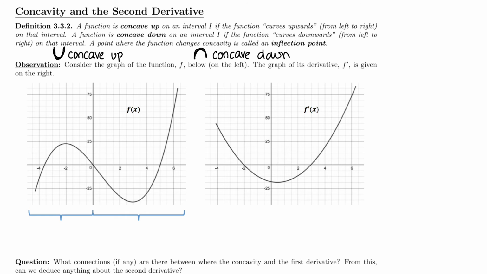So for concave up, that would be like this portion right here, because it's a happy face. So this part right here, this is concave up. This portion right here of the graph, we would call concave down because it is a sad face.